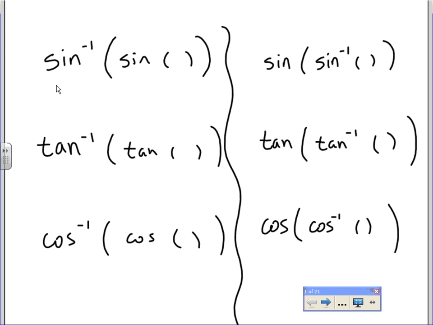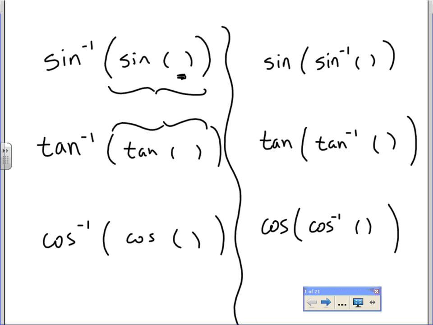So on this first one, the inverse sine of the sine of some quantity, and the same thing is true for tangent also, so I'll put those together for a reason.